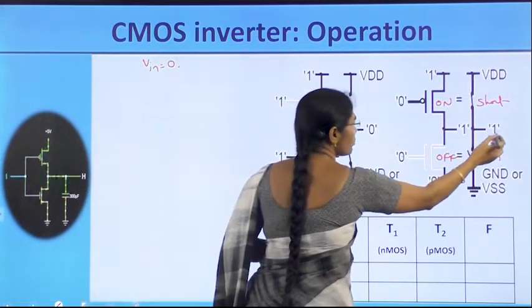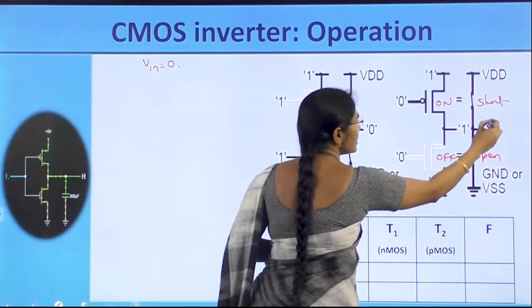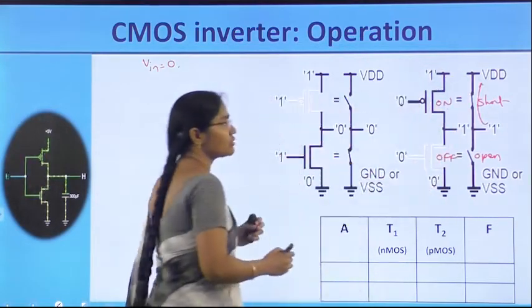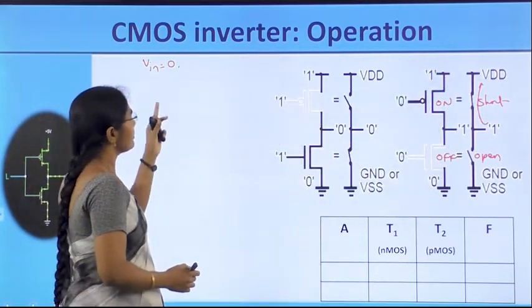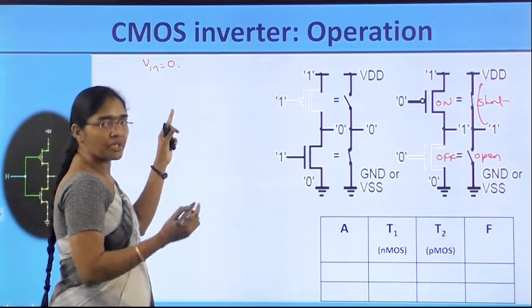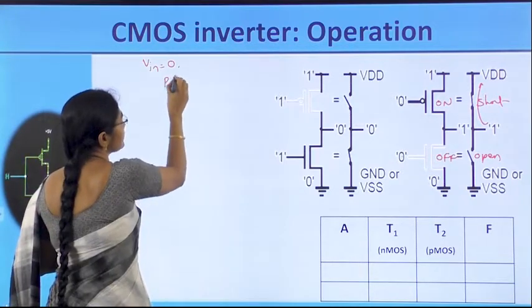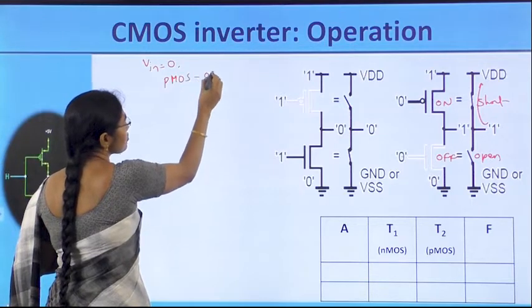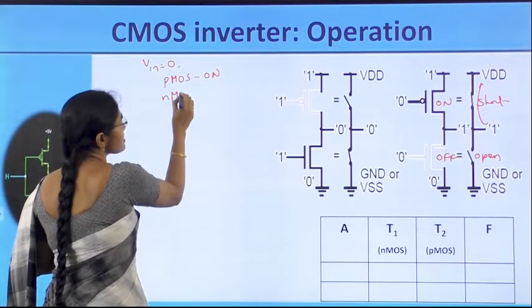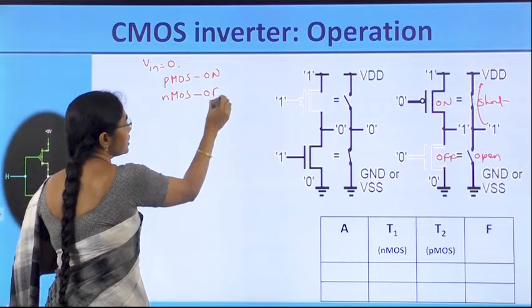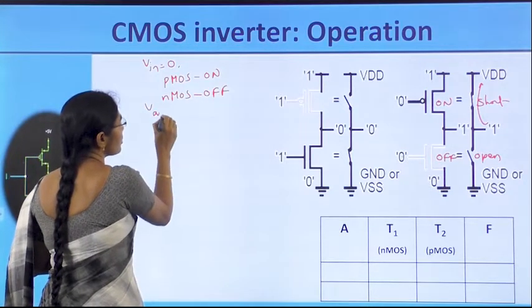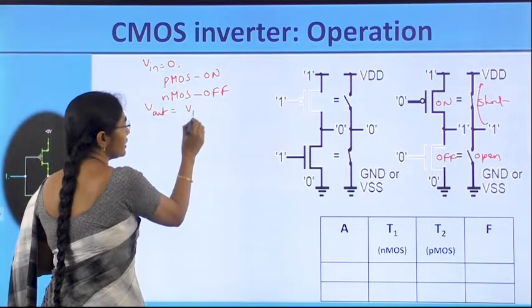Since it is open, the output is not connected to the ground. Since it is short, the output is connected to VDD. So when Vin is equal to 0, the PMOS transistor is on and the NMOS transistor is off. Therefore, Vout is equal to VDD.